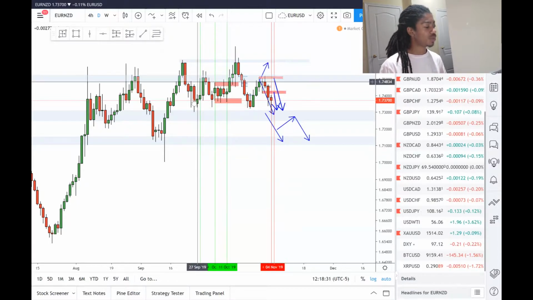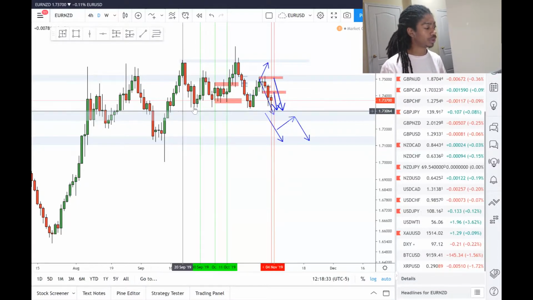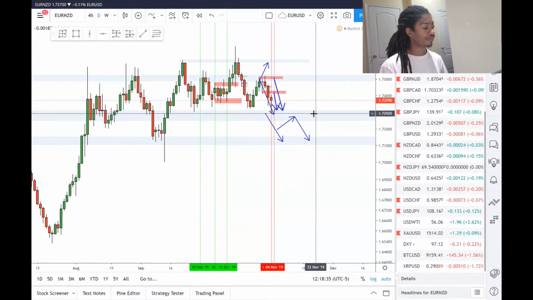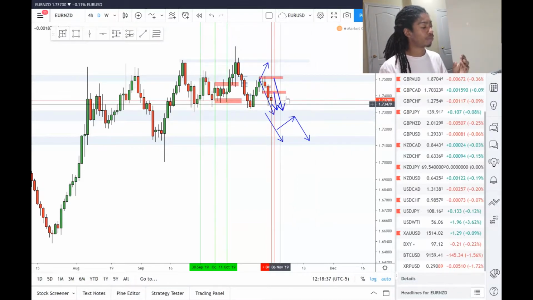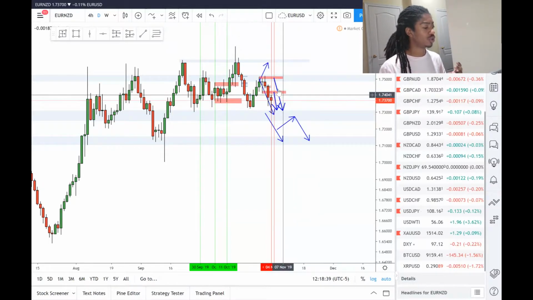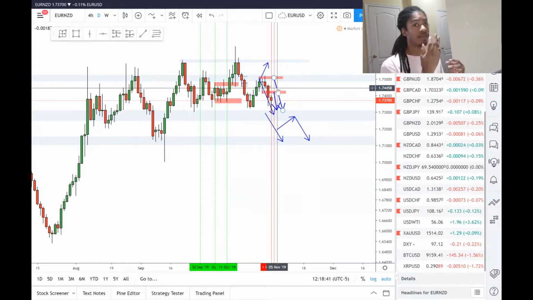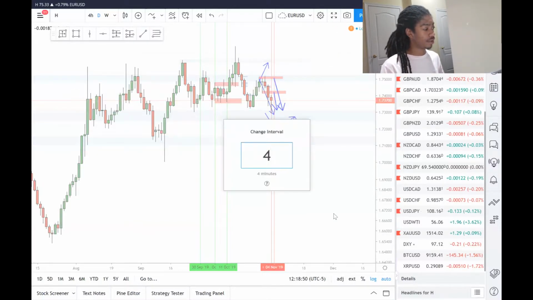Right, so we can see we have kind of a little structural support here in this area. Nonetheless, I am expecting price to hit these resistance zones given the market structure, given the correlation of things in other time frames and other charts as well. Just looking for this price to then fall.